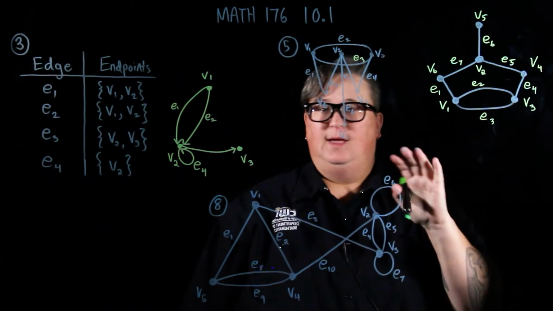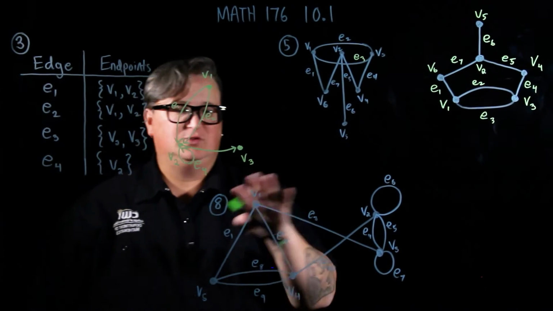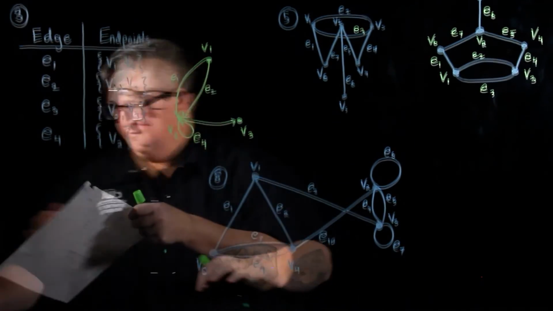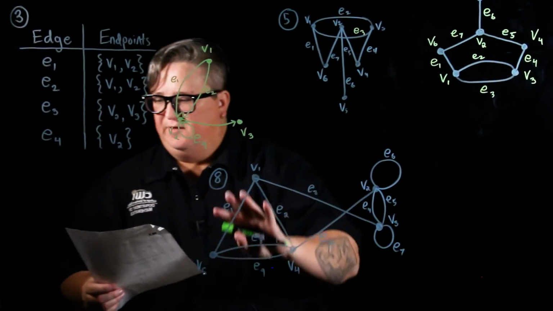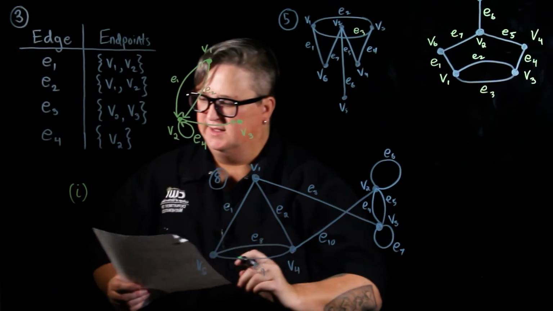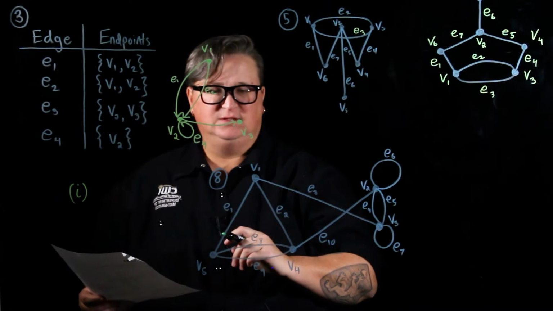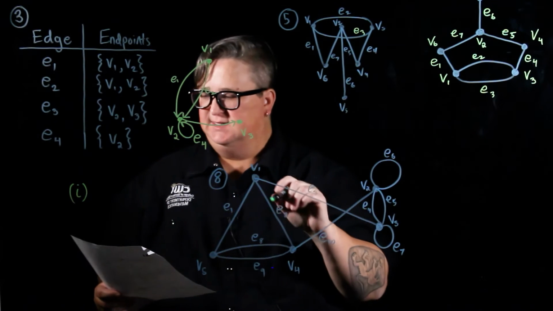Okay, and then a third example here is to answer a few specific questions about this graph. So from this graph, our first question, question I, is find all edges that are incident on vertex 1. Well, remember what incident means.